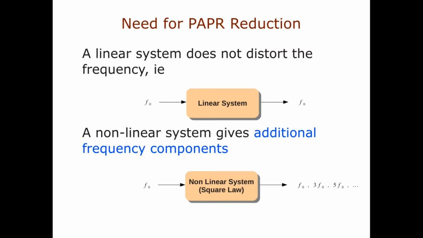If you take a linear system and feed a frequency of f0 through it, at the output of the system we are going to get the same frequency f0, because the linear system has the property that the eigenfunction corresponding to the system is the complex exponential, so it does not alter any frequencies.